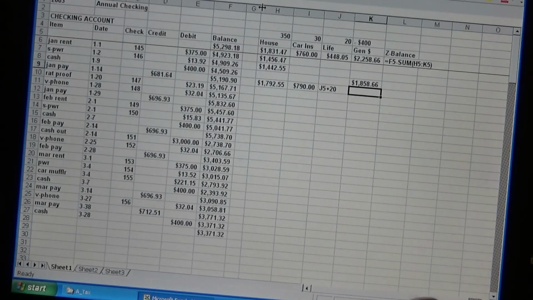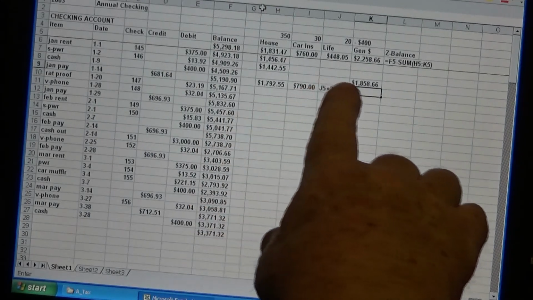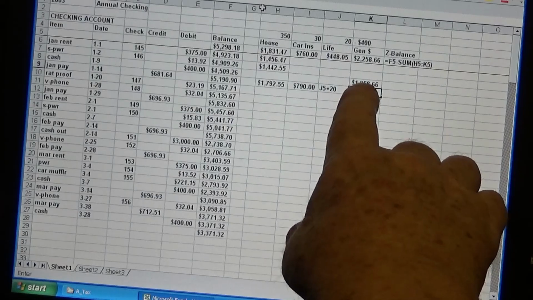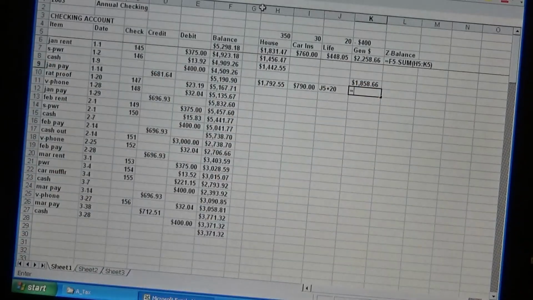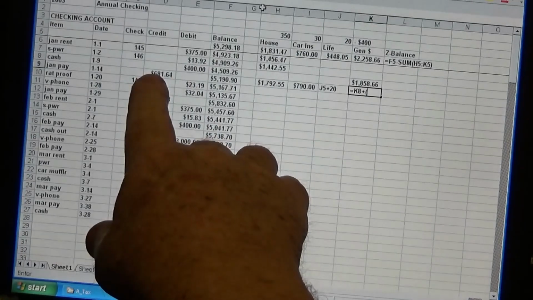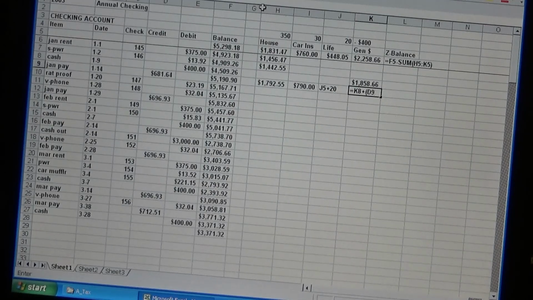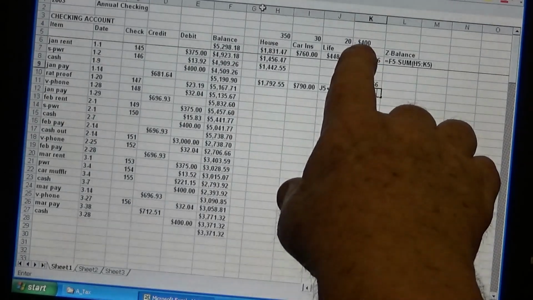Now on this last one, the general fund, it's going to be a little bit tricky. It's going to be equal to K, the last entry in that column, K8, plus, then parentheses, the credit here in D9, minus the hard count of $400.